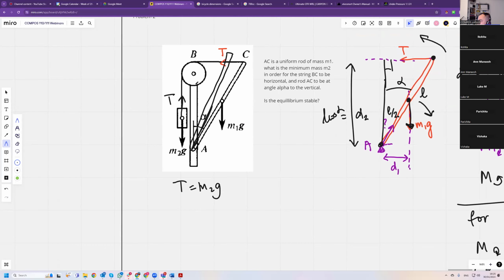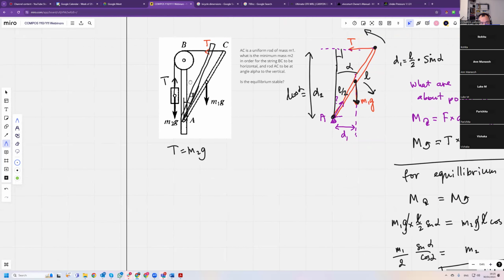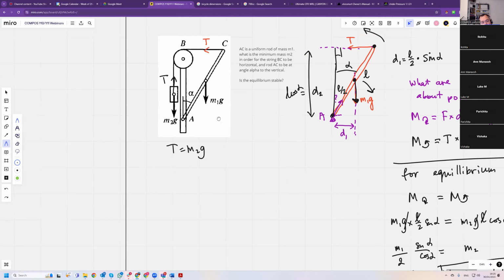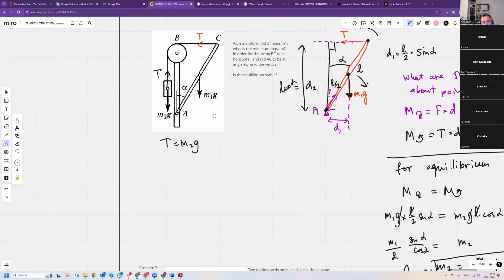I think it would return. And yes, it is stable equilibrium.